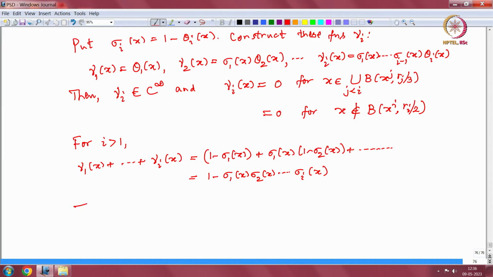So that implies gamma 1 x plus ... plus gamma i x is equal to 1. So we have a partition of unity for x in the union of the balls B(x_j, r_j by 3), for j less than or equal to 1.